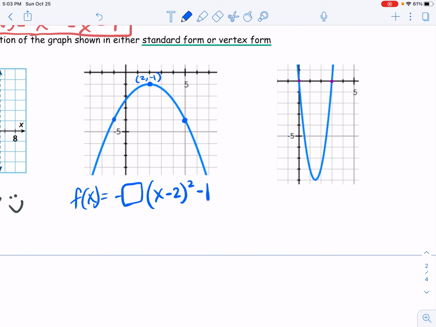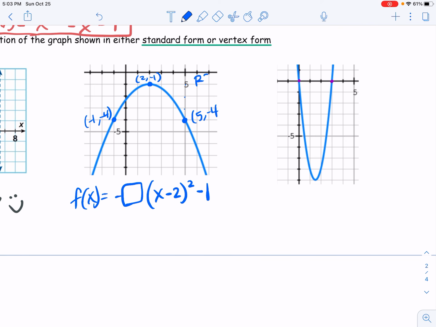Now I also have these really good points here and here. This is at 5, negative 4, and this is at negative 1, negative 4. From my vertex, I went right 1, 2, 3, down 1, 2, 3.